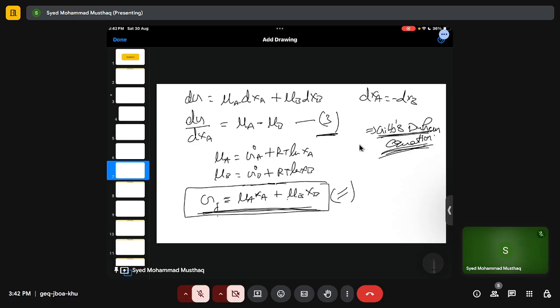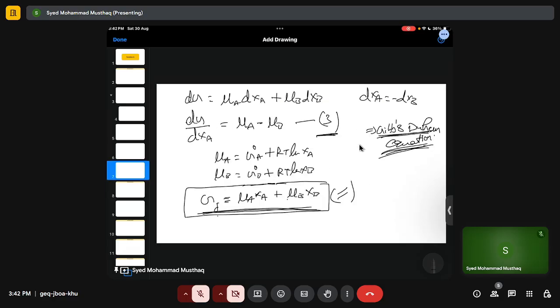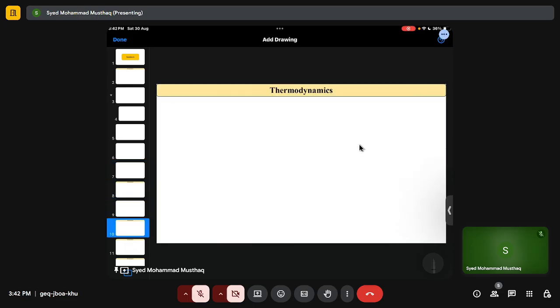Now coming back to the Gibbs-Duhem equation, which I was explaining before. Let me write this. Gibbs-Duhem equation.